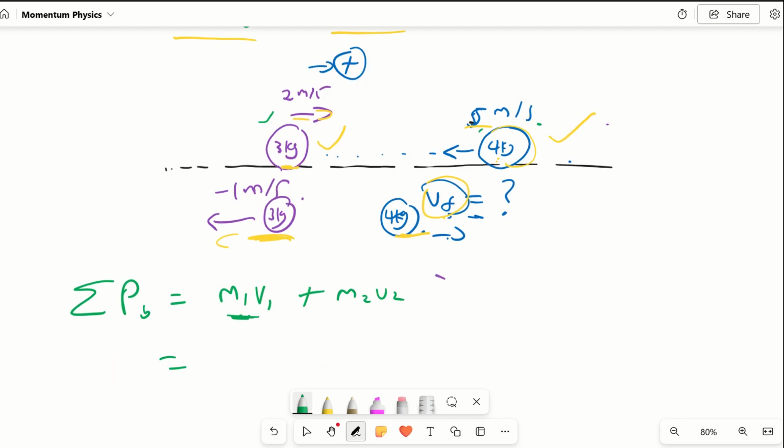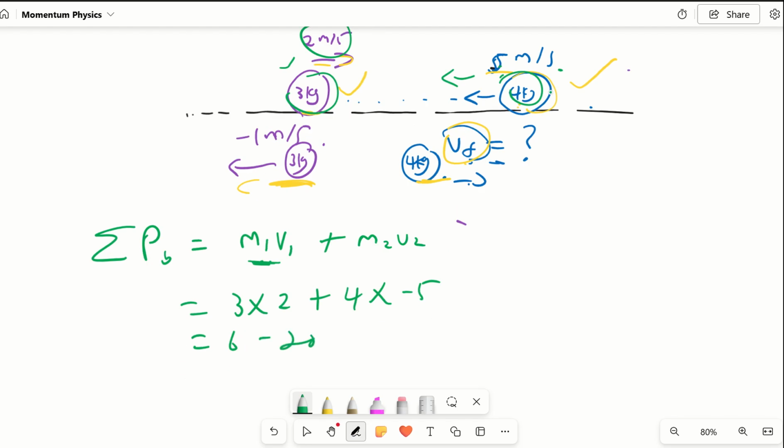Our mass is 3 kg. Velocity is 2 meters per second. We took right as our positive. Our mass for the second one is 4, and the velocity is 5, but it's in that direction, so it's negative. So this goes 6 minus 20, which is minus 14 kg meters per second. So that's the momentum before collision.